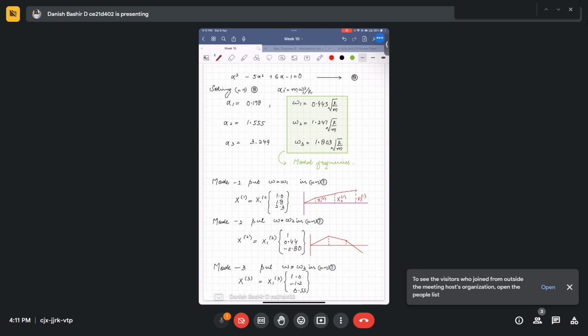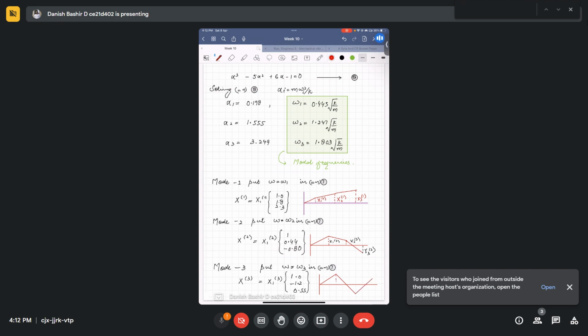And then again we have x1 of the second mode, this is x2 of the second mode, this is x3 of the second mode. Similarly for the final mode, we have this one positive 1, then negative downwards minus 1.2, then again positive 1 here, positive 0.55.